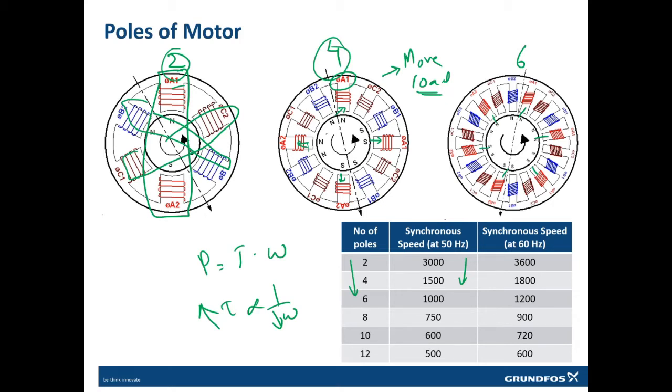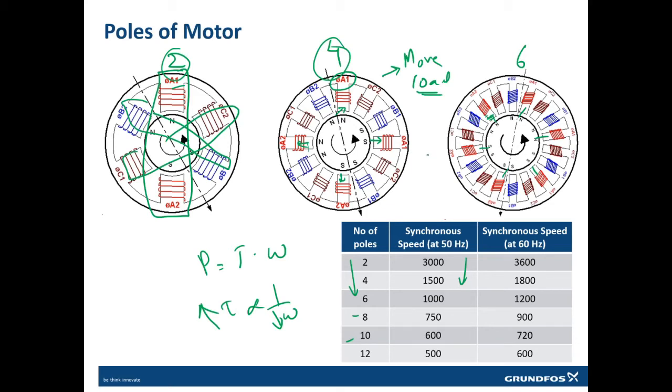That means the motor used in an elevator will probably be 8-pole or 10-pole. Why? Because you need very low speed, but you need high torque. You need to take more weight. Why is it able to take more weight? Because you have more magnets, more magnetism, more attracting force available inside the rotor.